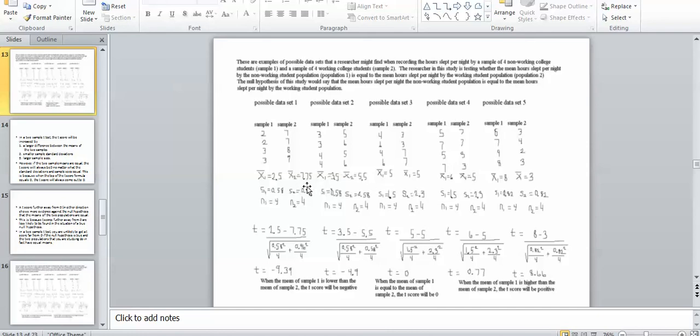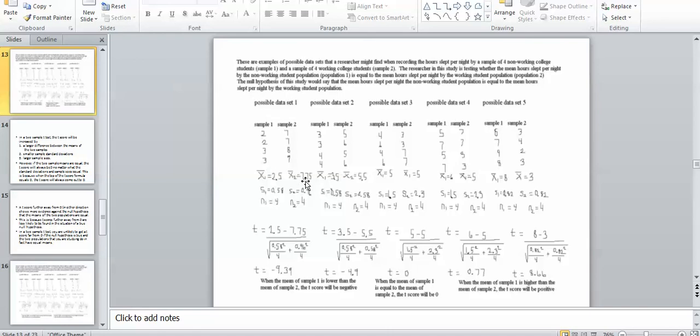So at a certain point down here, we're going to have a negative critical value, and up here we'll have a positive critical value. If your outcome is equal to or to the left of the negative critical value, meaning in the negative rejection region, you can conclude that not only is the mean of sample 1 lower than the mean of sample 2, but the mean of population 1 appears to be lower than the mean of population 2.